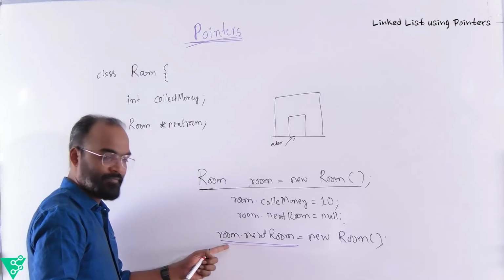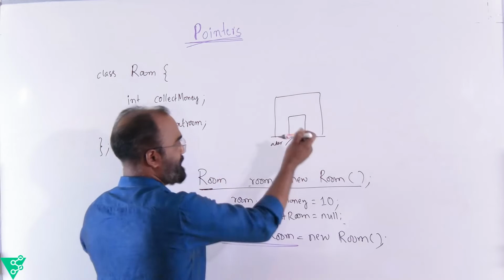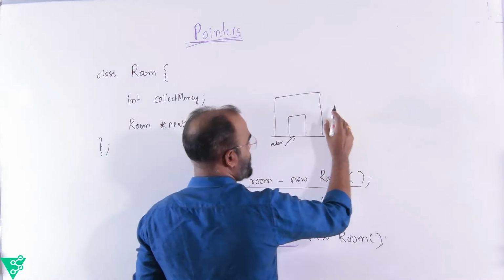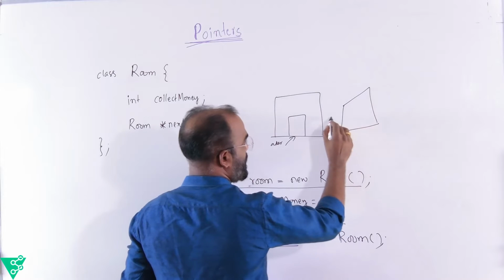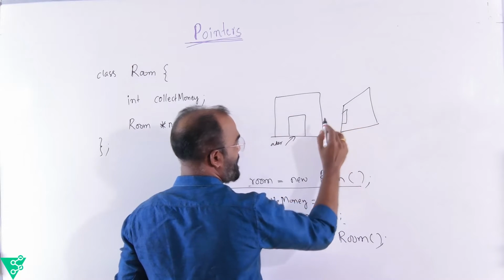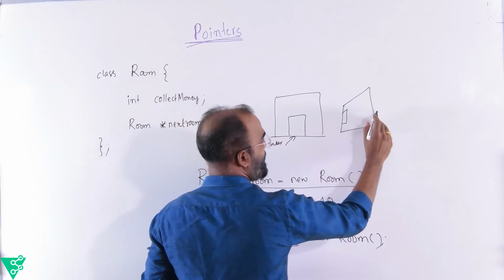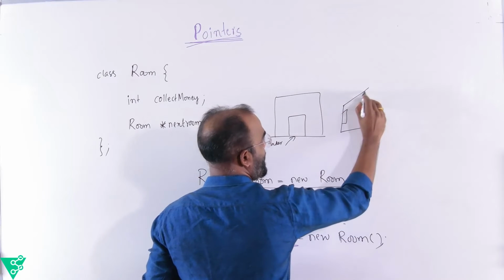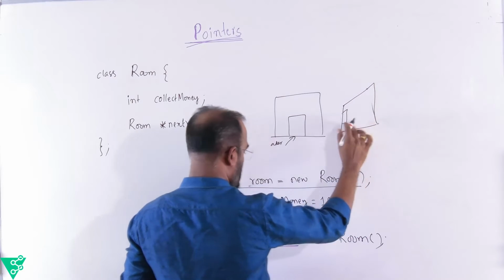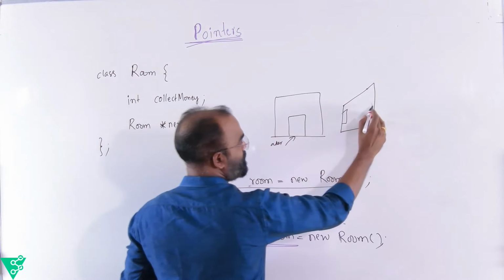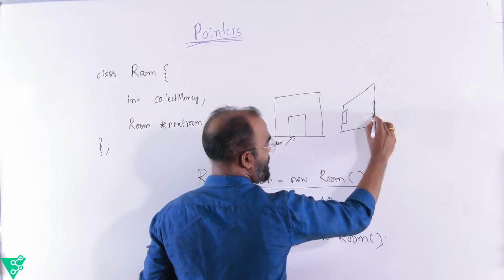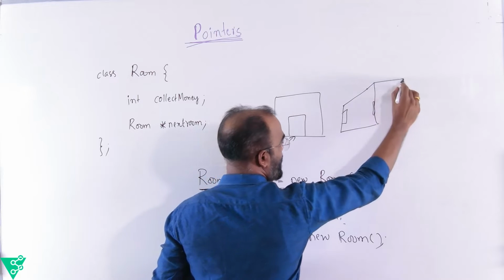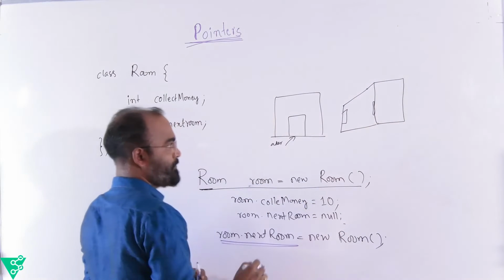In this example, you have a room here, you got inside, so this is one door you have built. Now you are inside. From here you want to build, so this has one more next room. Think of this as another door. So the moment you said next room, you have built another room.